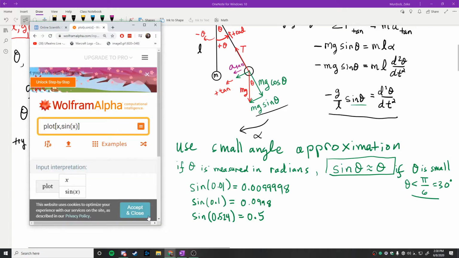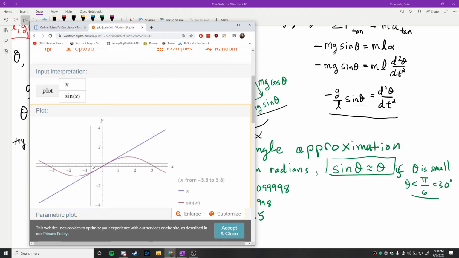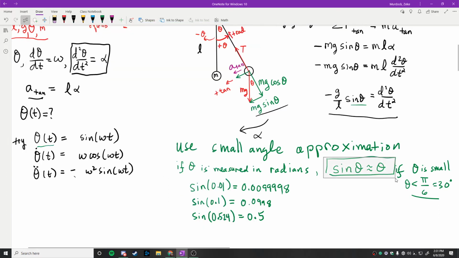If you plot x and sine x on the same graph, I can't zoom in, but look at this region between 0 and 0.5. So this is 0.5 right here, right? That's the place where you can start to see that these two curves are diverging from each other. But between negative 0.5 and positive 0.5, these lines line up almost perfectly, right? Within that region, sine of x and x are basically the same function. And that's why we can get away with saying this.